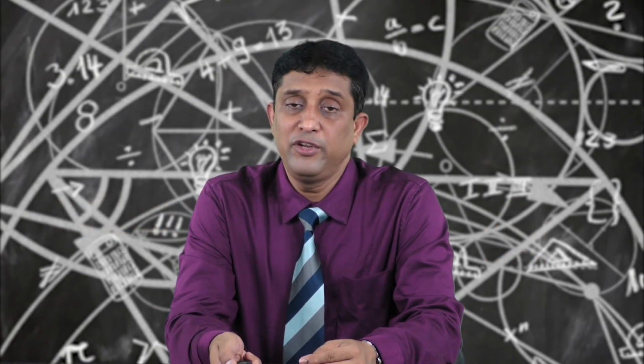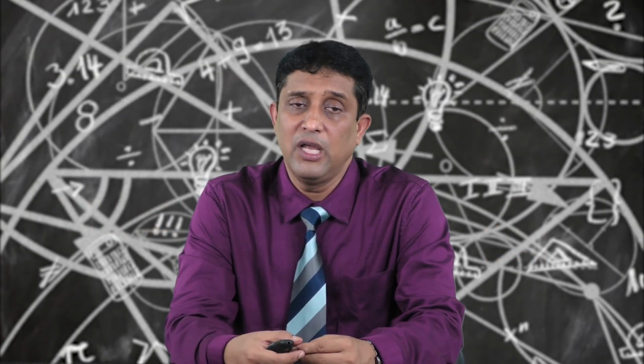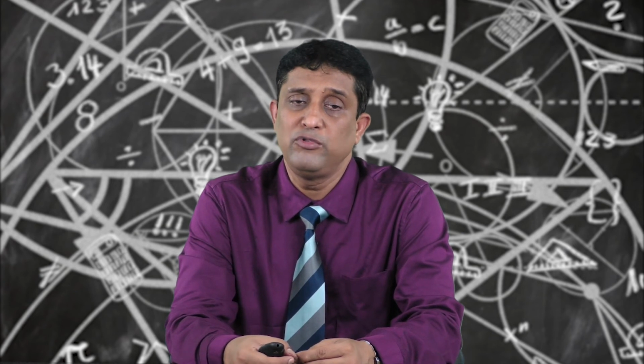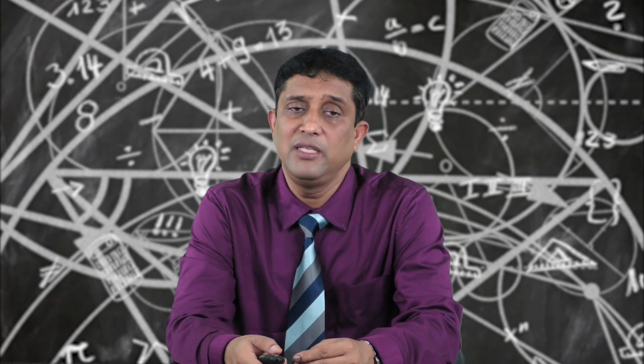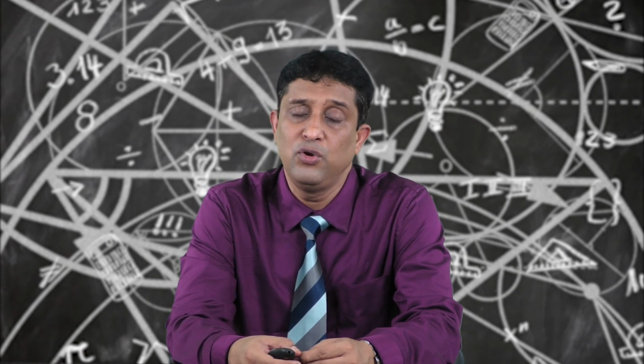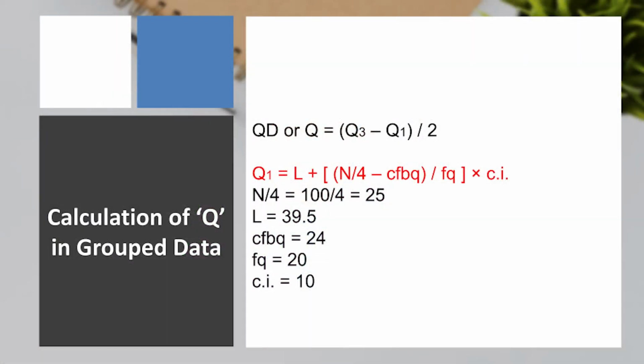So friends, after knowing all this, you just have to find the values of the first quartile. The first quartile class is 40 to 49, so the lower limit of the first quartile class is 39.5. The cumulative frequency below the first quartile class is 24. The frequency of the first quartile class is 20, and the size of the class is 10.